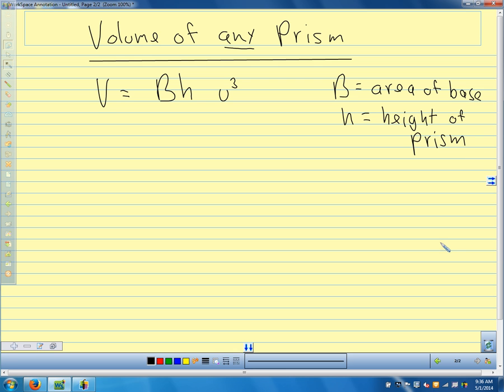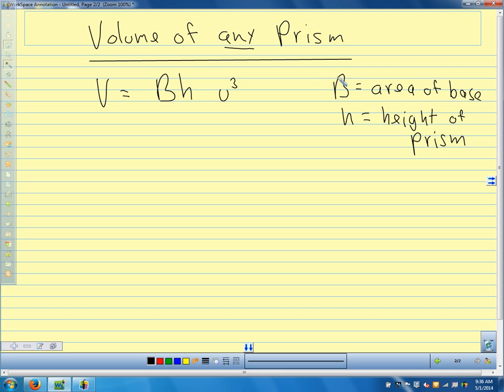So, nice easy formula. A couple of places where students make mistakes. Remember that capital B means the area of the base. Sometimes students want to think B just means the segment that's at the bottom. Remember, capital B is the area of the base. And the base is what names each kind of prism. We name the type of prism by the shape of the base.